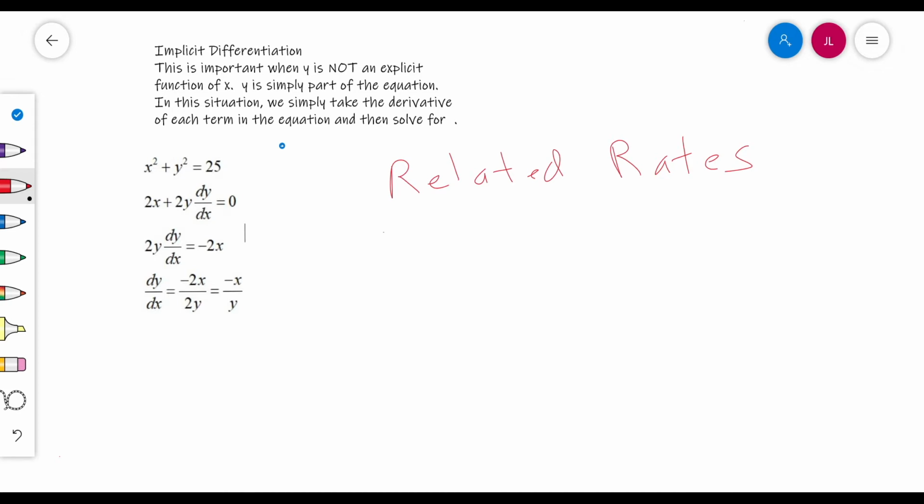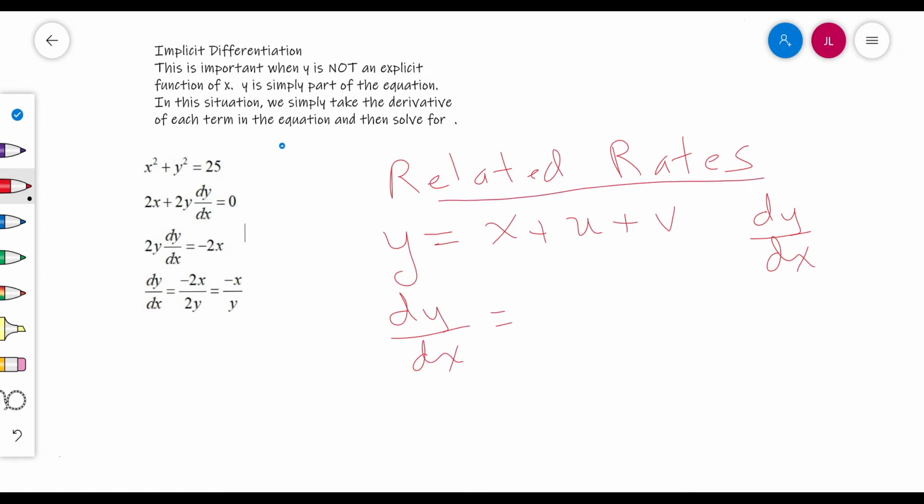We've already recognized that y can be a function of x and u and v. And if I ask you to find dy/dx, you suddenly know that everything is a function of x, and you take the derivative with respect to x of everything. We separate that.